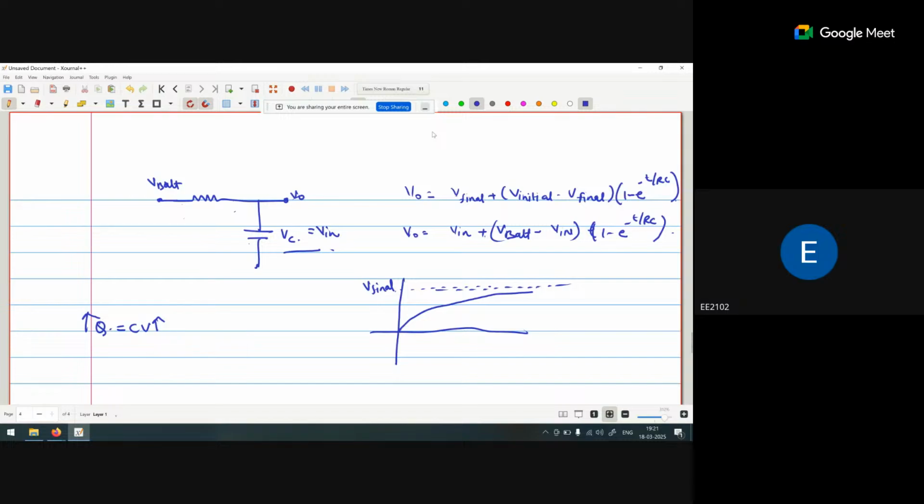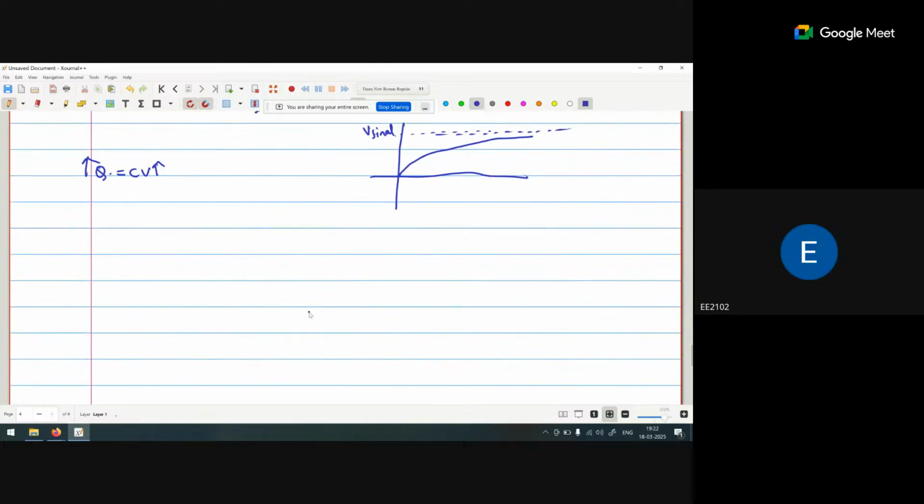I think the band gap reference voltage is also discussed in this one. Yes, one more thing discussed by the professor is the charging profile.